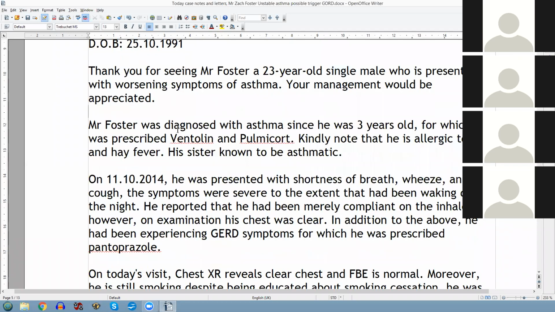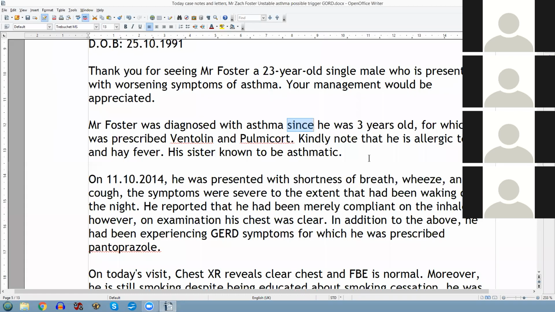Okay. Was diagnosed with asthma since. Right, if it's simple past, was diagnosed with asthma when he was 3 years old, for which since, we usually use the adverbs for and since with present perfect or present perfect continuous, right?